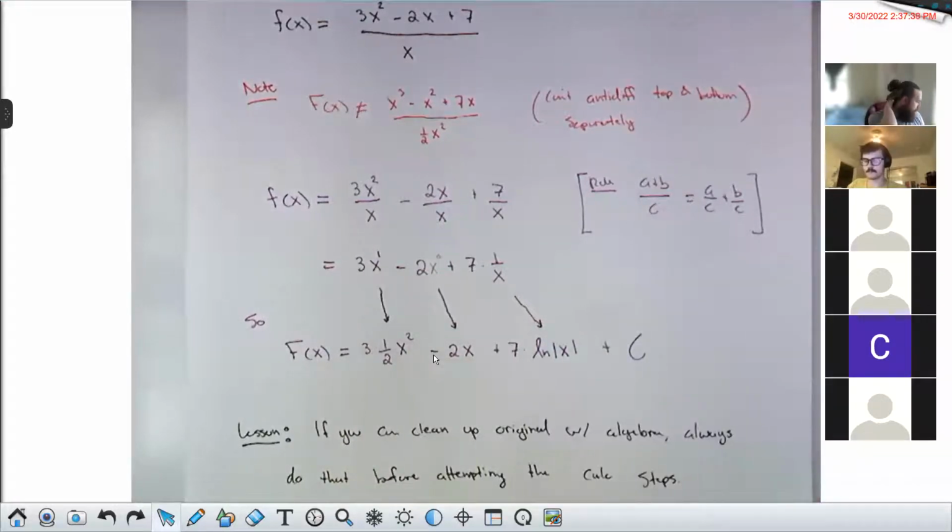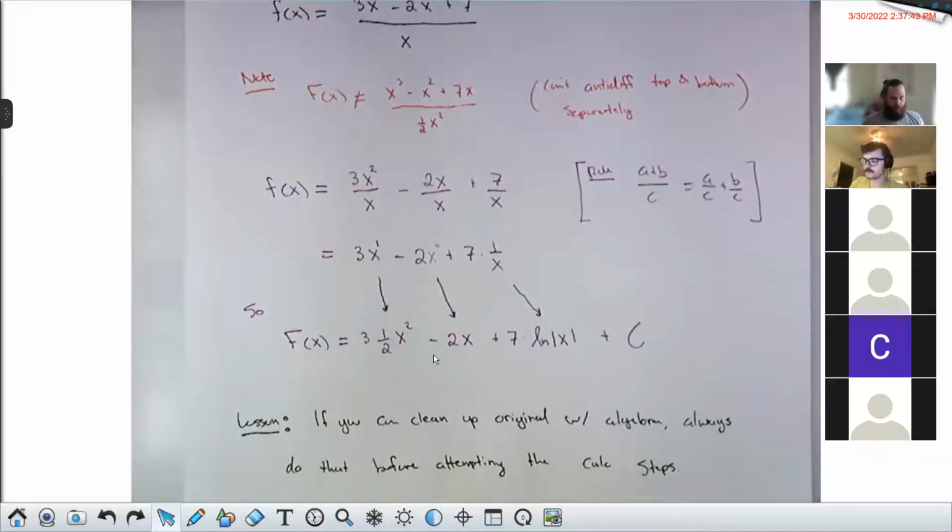If you can do some algebra to make your function prettier, simpler, whatever, do that before trying the calculus. It will make your life so much easier.